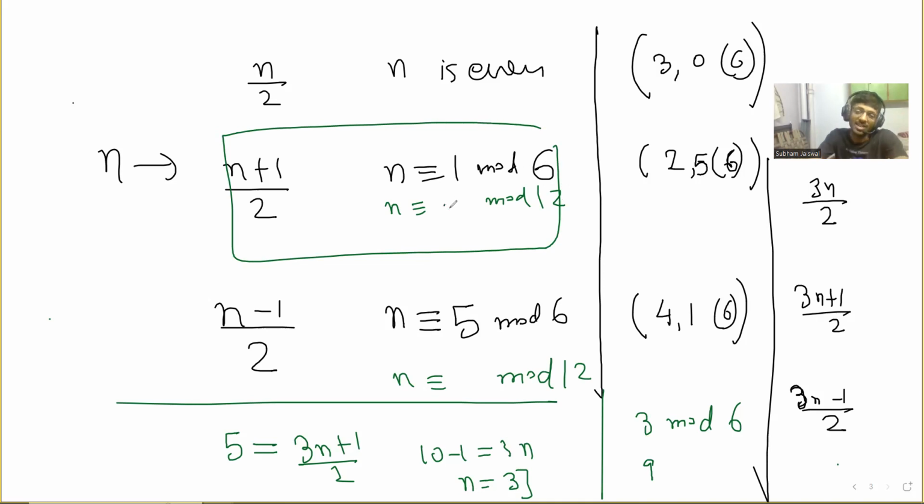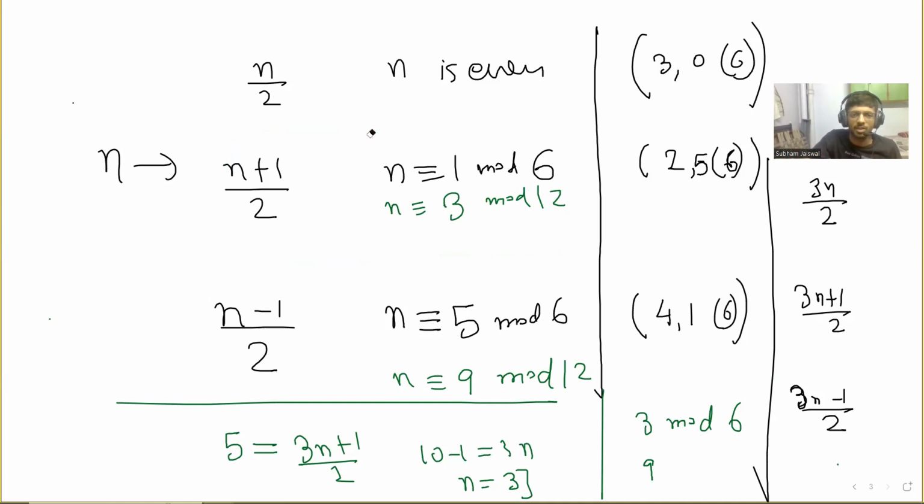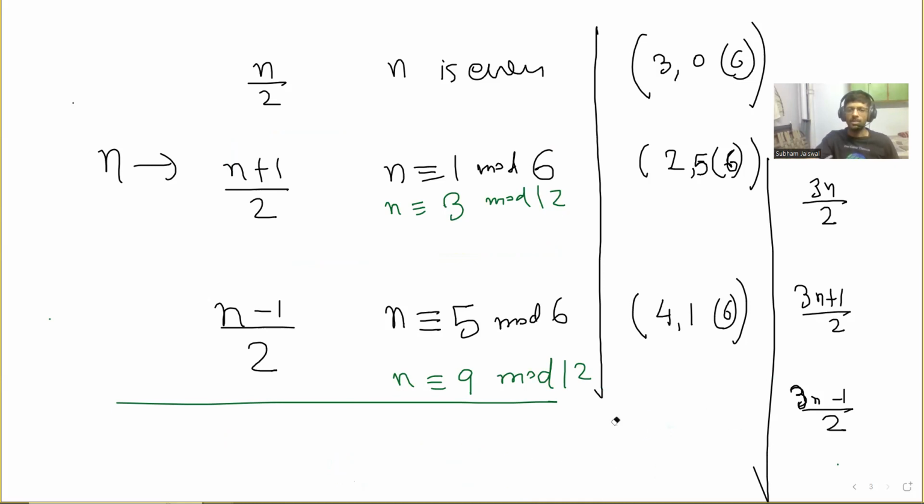So I will say 3 mod 12 then, because now we have to check if this is a function, and is it still injective? That should not be difficult. Let's check. So this will work. If it works, then it's nice. Now it's a function, so that's okay.